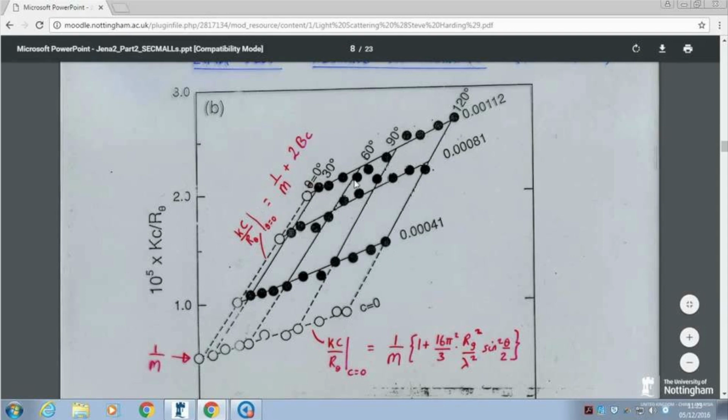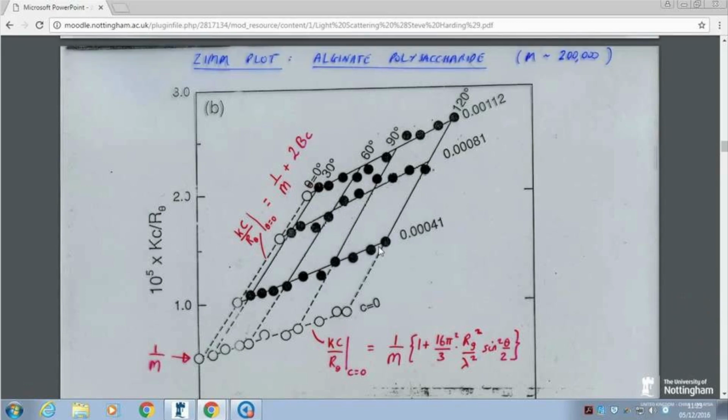And what you're doing is you're extrapolating for each concentration the results to 0 angle. This concentration, you extrapolate the results to 0 angle. So this concentration, extrapolate results to 0 angle. Yeah. And then you can go this way.